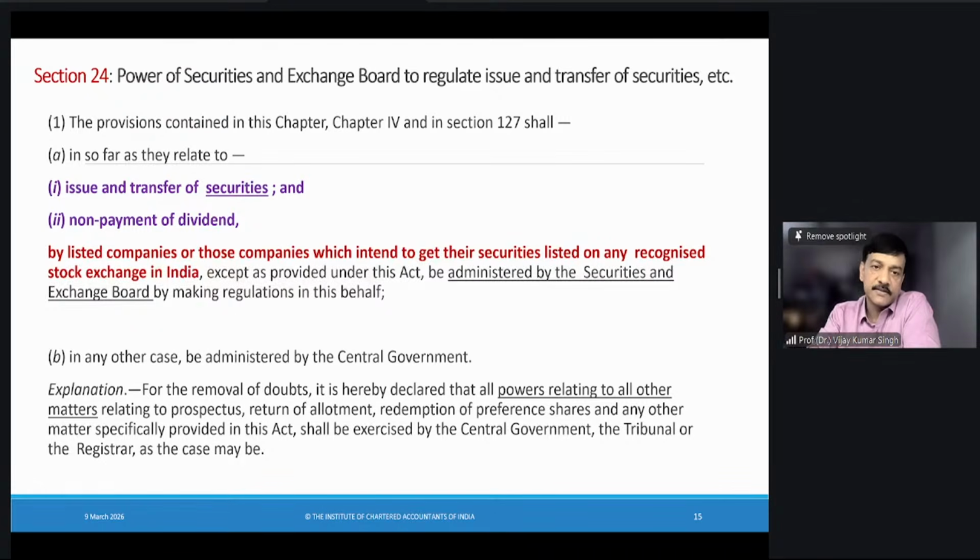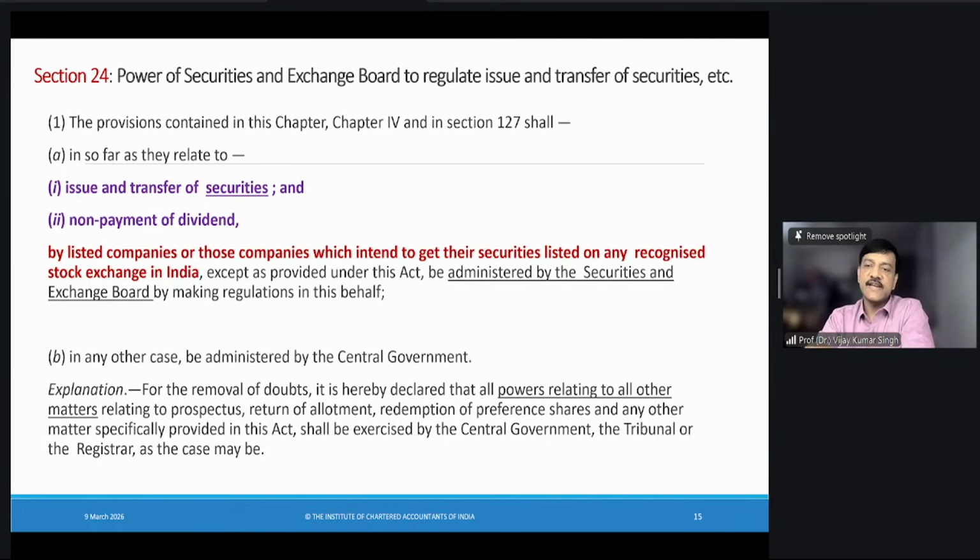These are the two matters with reference to which, by a listed company or those companies which intend to get their securities listed on any recognized stock exchange in India, except as provided under this Act. This is an exception. Be administered by the Securities and Exchange Board of India by making regulations in this behalf.